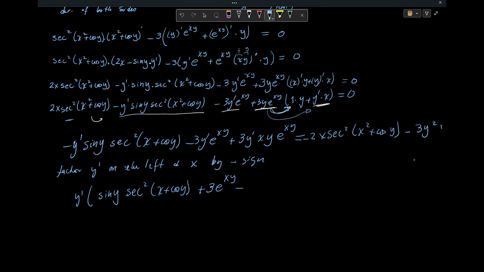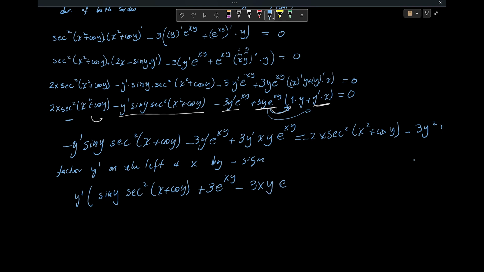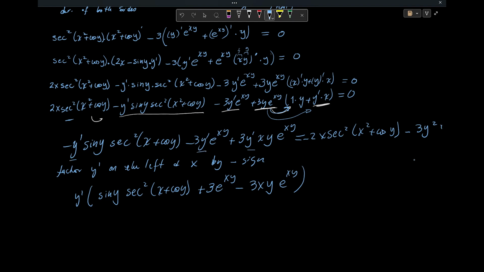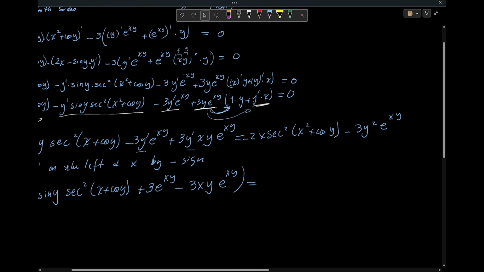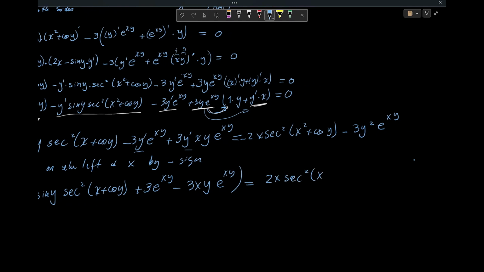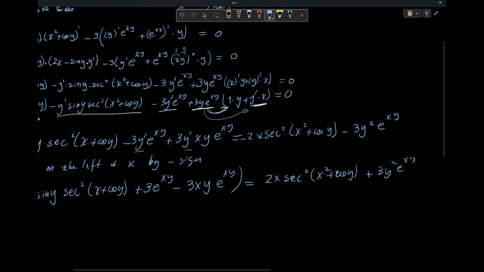So minus 3xy e to the xy, because I factor out a y prime, equals, on the left, I had 2x secant squared x squared plus cosine y plus 3y squared e to the xy.